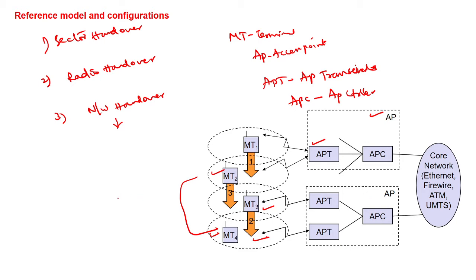This comes under network handover. Network handovers have a lot of complexities since the terminal is moving from one region to a different region. When it is moving from one region to a different region, the mobile terminal must provide the required information, which is similar with respect to the new association, as in the previous radio handover, right?